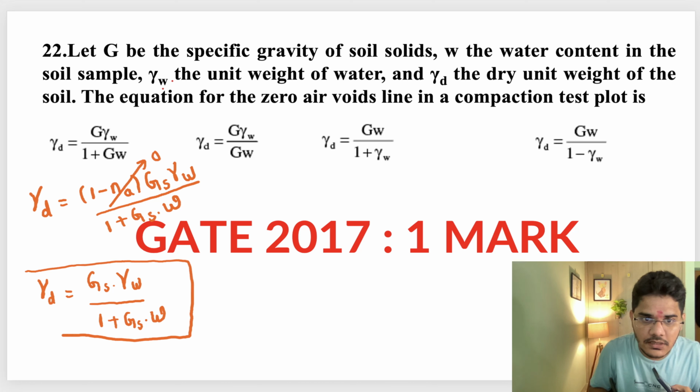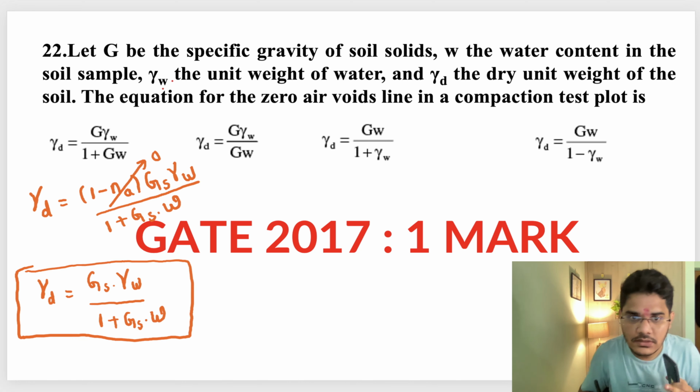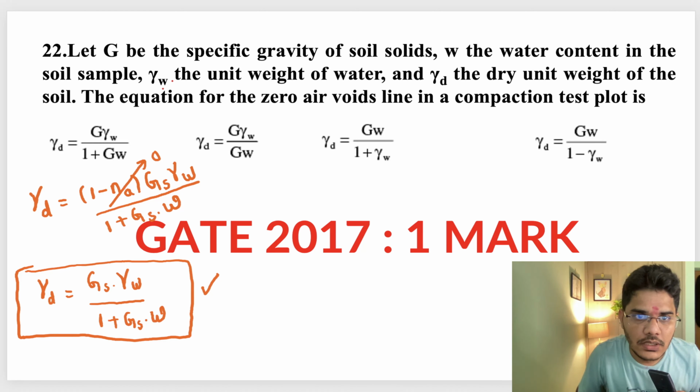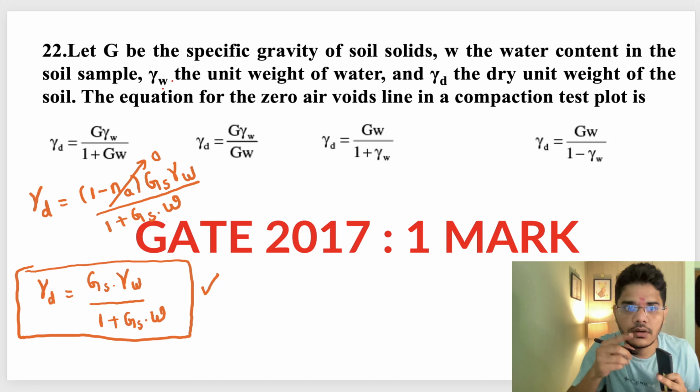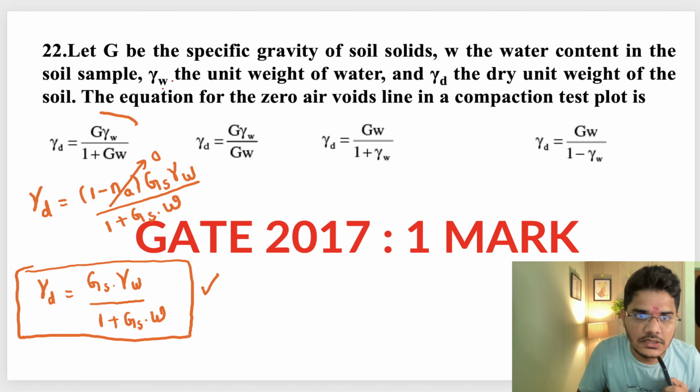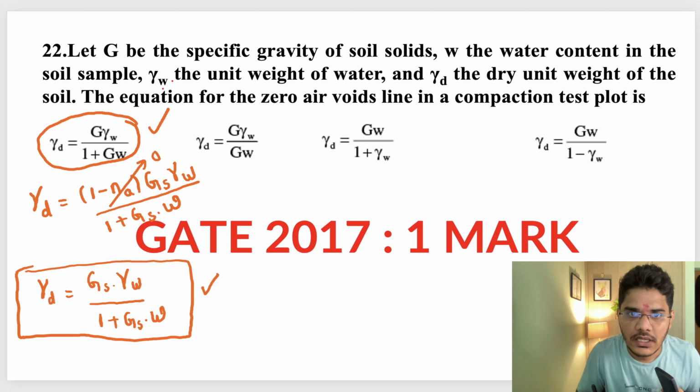So we have to check where is this option. In the first option, G into gamma W divided by 1 plus Gs, actually this option is correct. Anyway, we'll see the other options also. Here 1 plus is missing, so this is wrong.